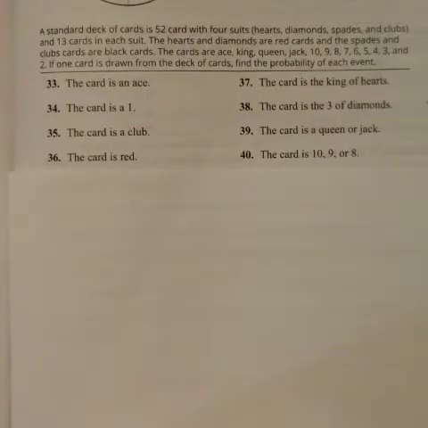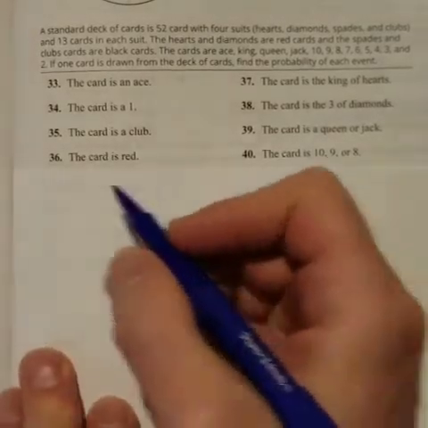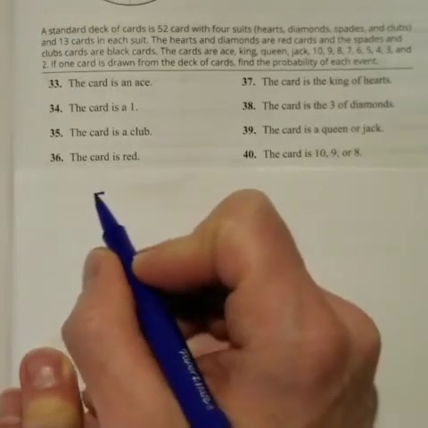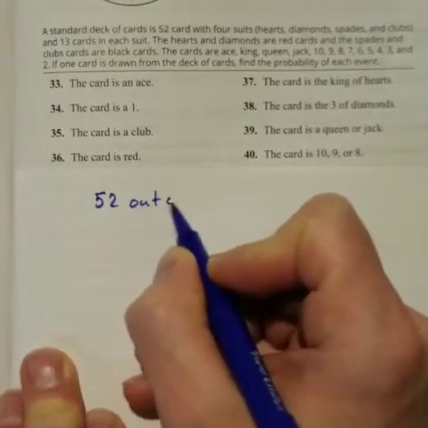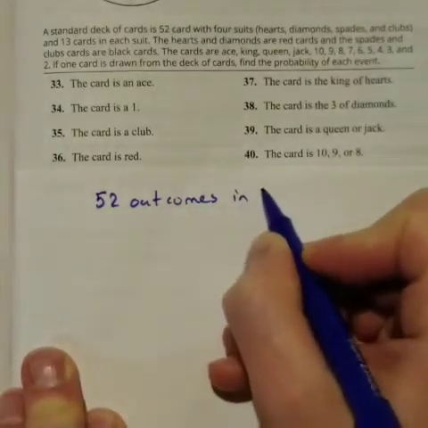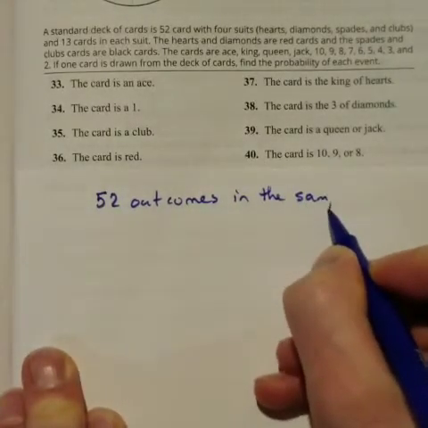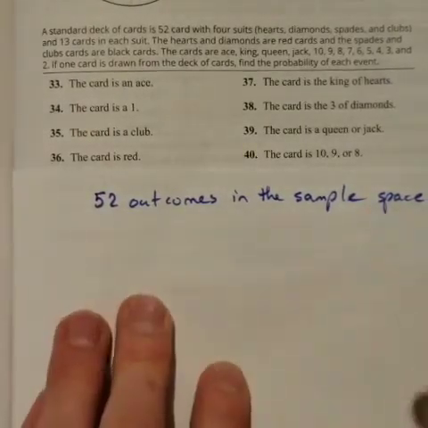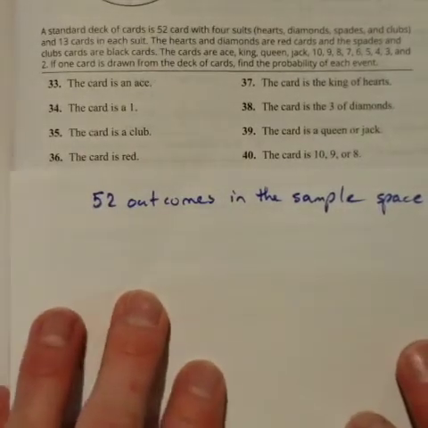Okay, so remember with probabilities, you want the number of outcomes in the event divided by the number of total outcomes. If you think about it, in the sample space there are 52 outcomes, because any of the 52 cards could be the one chosen.